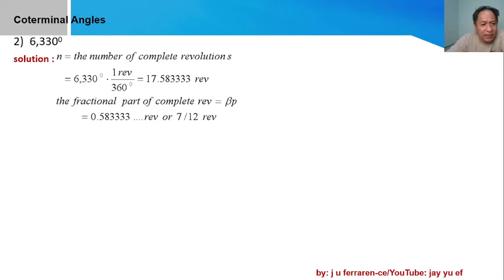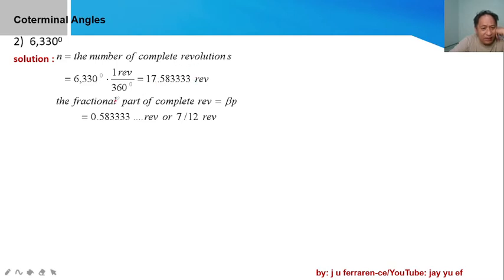So I can divide it by 360 degrees and I come up with a value of 17.58333 revolutions. So there is a complete revolution of 17, and we also have a value which is in decimal, which will help us determine the location of our terminal side.